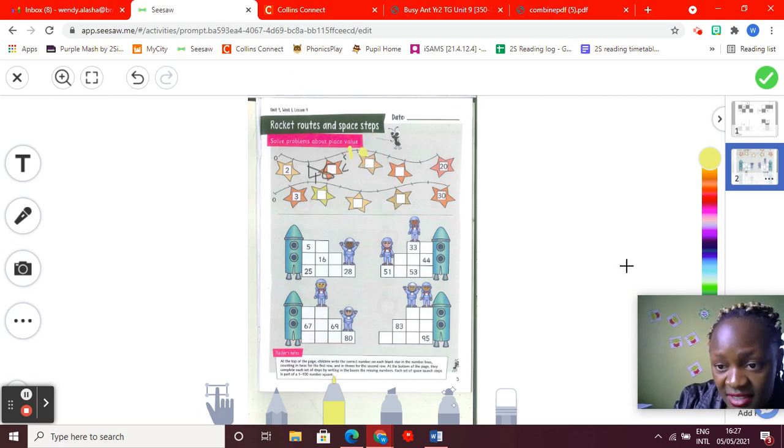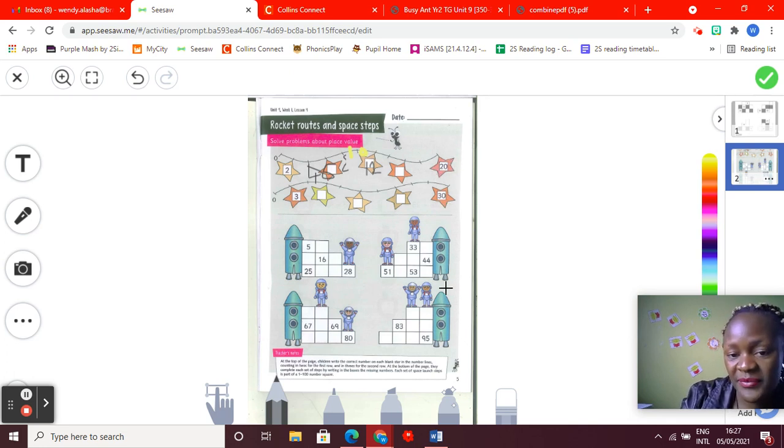Then inside the star will be 12. What will this one be? 14. Well done. Then inside 16. Then the empty peg 18. And we have 20.